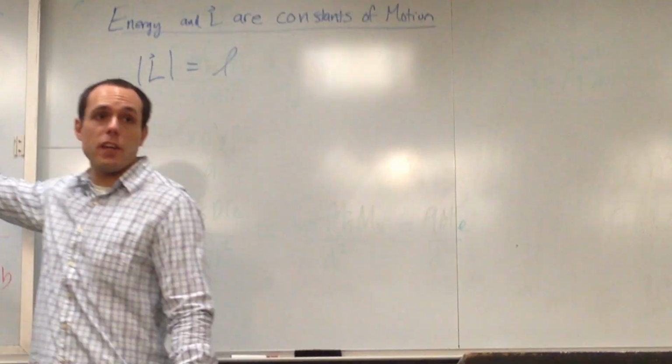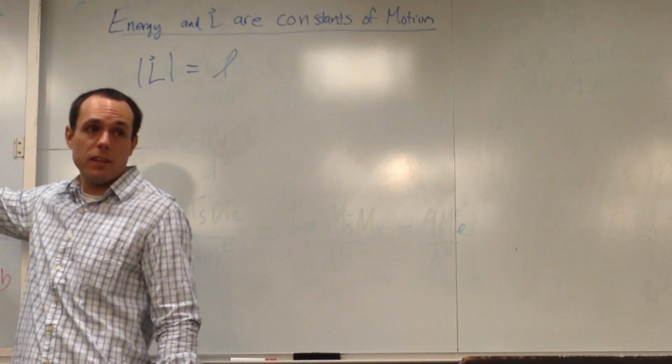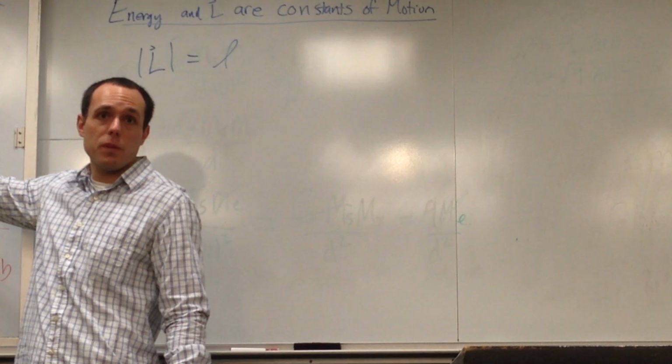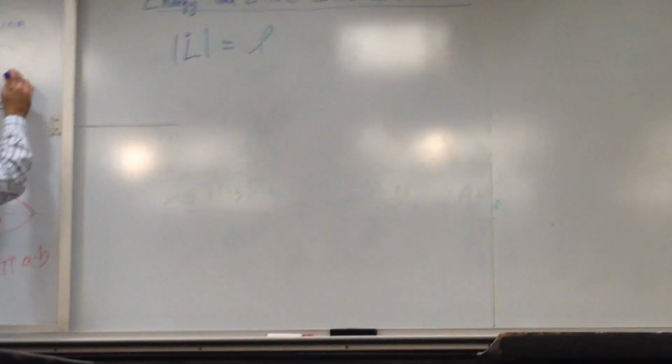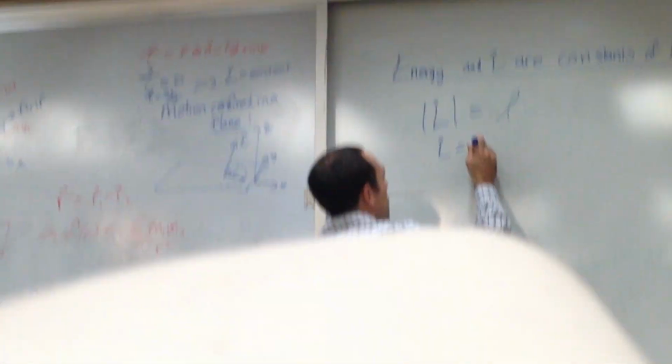Clearly the direction is the same, it's always pointing in the same direction. So all we have to say is, in particular, if I called this the xy-plane, this was x, y, and coming out of the board was say z, I could just say that L is equal to l times z hat for the full vector representation.